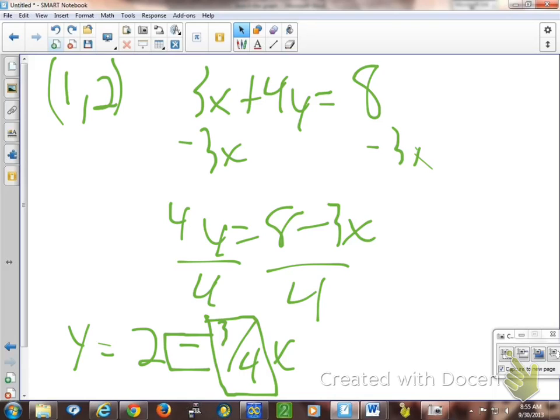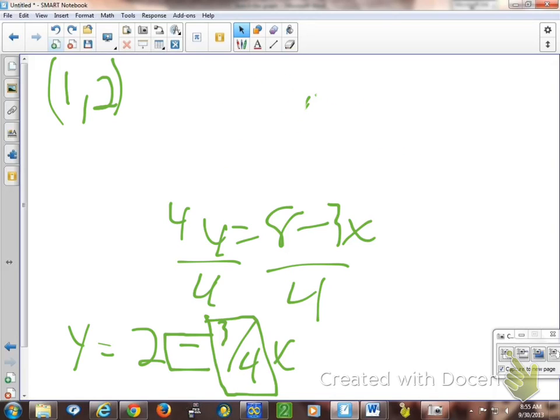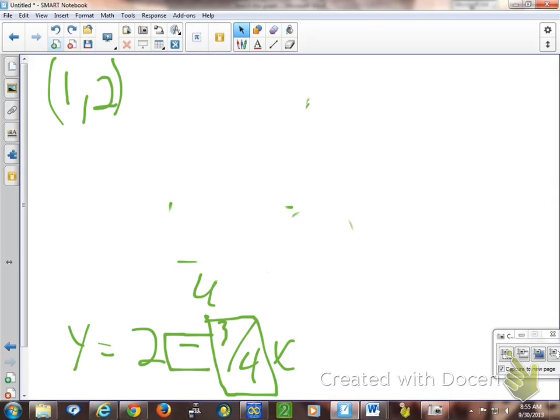Negative, yeah, almost lost that, didn't I? Negative 3/4. And that's all I need from that. I don't need the 2. I don't need anything else. So, oh wait, no, cancel. Dang it. I have to erase. Hold on. Negative 3/4 is all I need, so that's the only thing I'm going to keep.